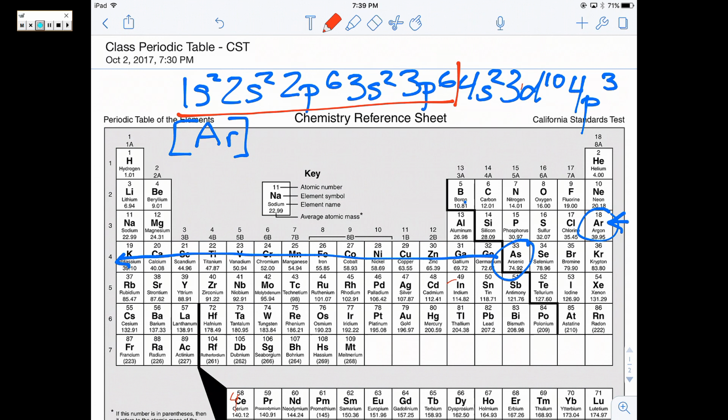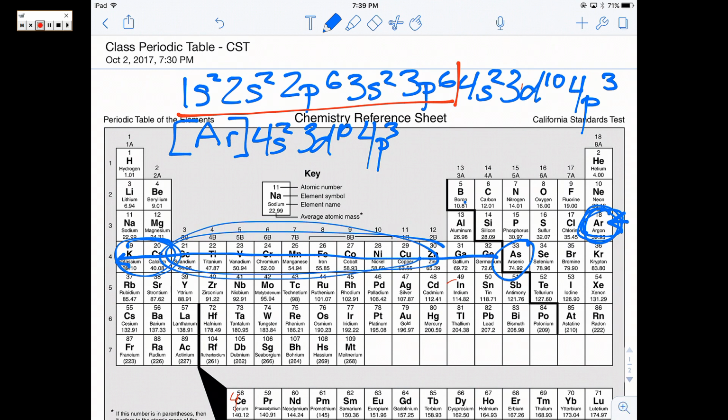Okay, and then that's where it ends. So after argon, I'm going to continue 4s2, 3d10, 4p3. It's just like argon, but it's also got the 4s2 electrons, it's got a full 3d set of electrons, and it's got 3 electrons in the 4p.